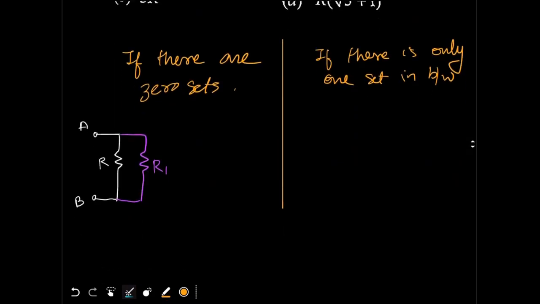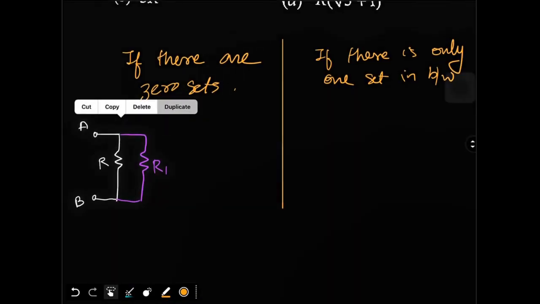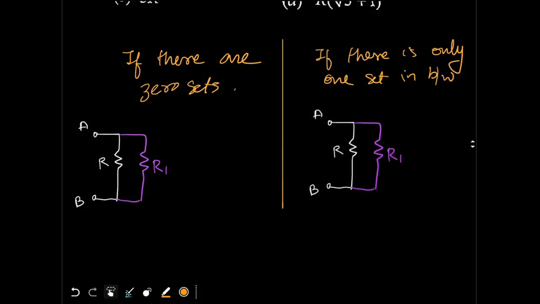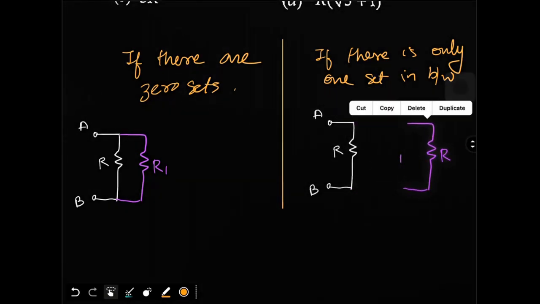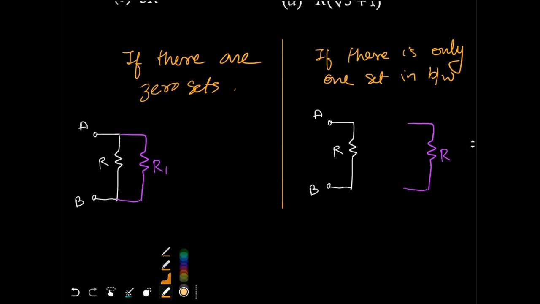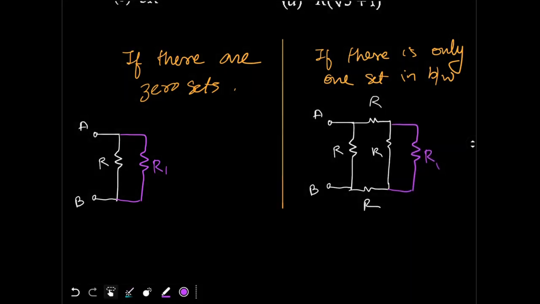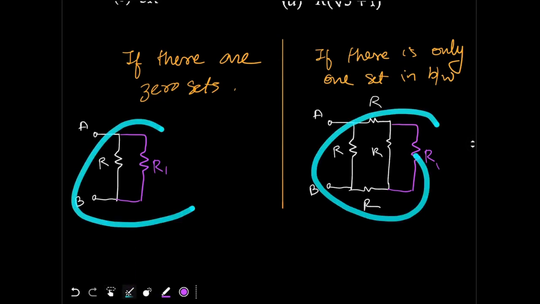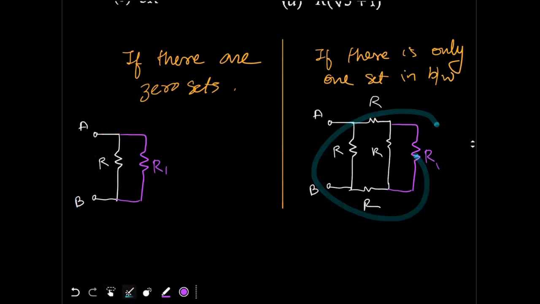So we can just copy this thing, and take this aside, and put one more branch over here of R, R, and R, and this will be R1. So we just connect them now. That's it. So both of these circuits should give me the same result. They should give me the same net resistance between A and B.